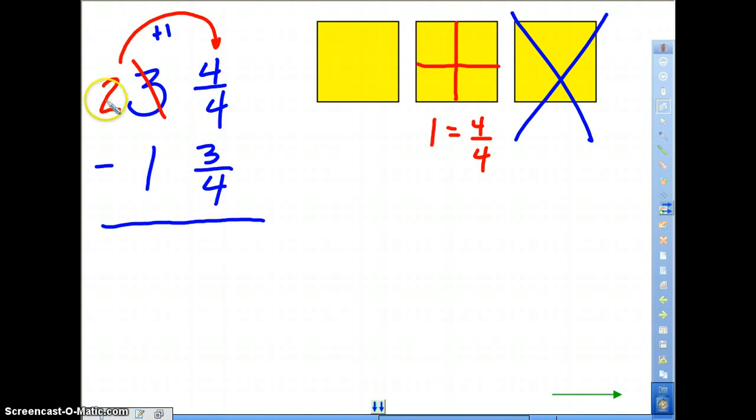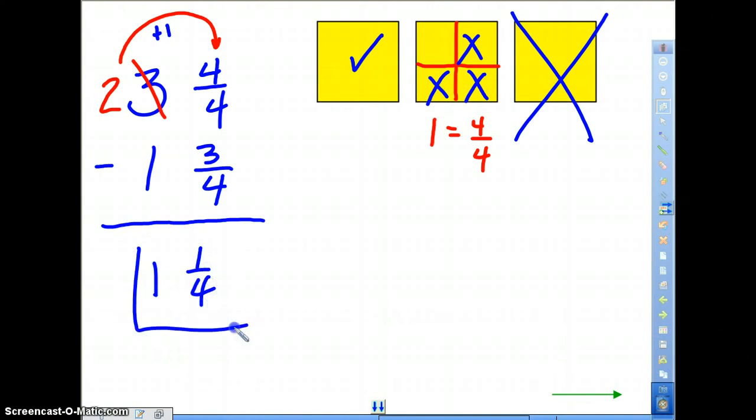Now I can take the 2 and subtract 1 and get this 1 whole, and I can take this 4/4 and remove 3/4 from it. We take that one away and that one away and that one away, and I'm left with 1/4.